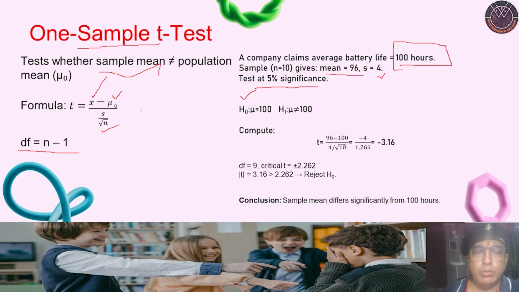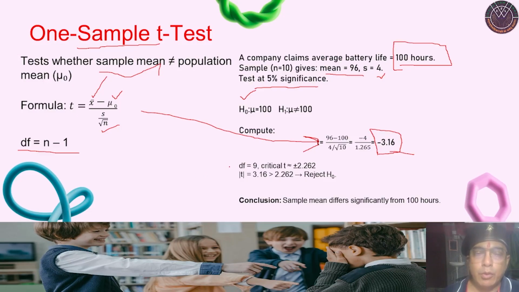So you use this formula: 96 minus 100 divided by 4 over square root of 10. You get the t value as minus 3.16, although this minus sign is not taken care of, only the absolute value, because you can always get the difference as 100 minus 96 also. So the t value is 3.16.